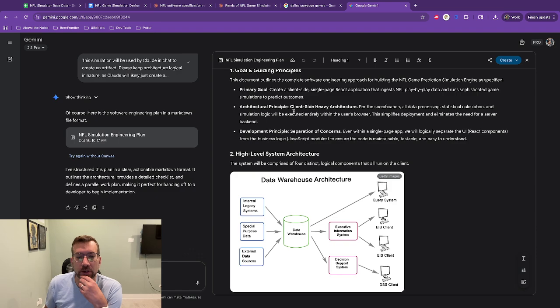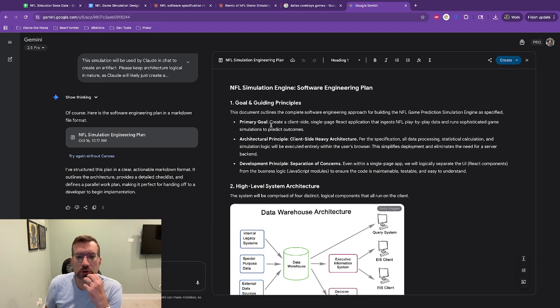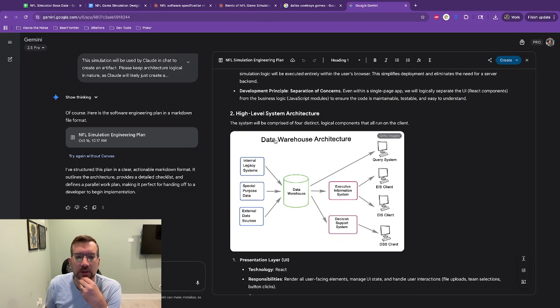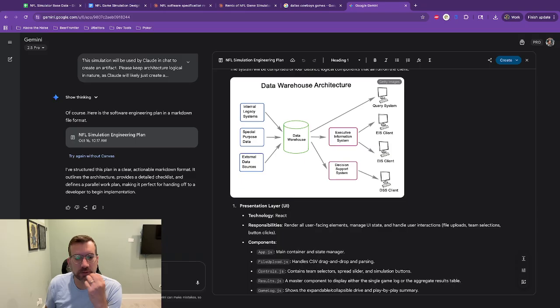Well, that's not bad. Markdown, cool. Create a client side, blah, blah, blah. Client side heavy, perfect. There is no data warehouse. Okay.